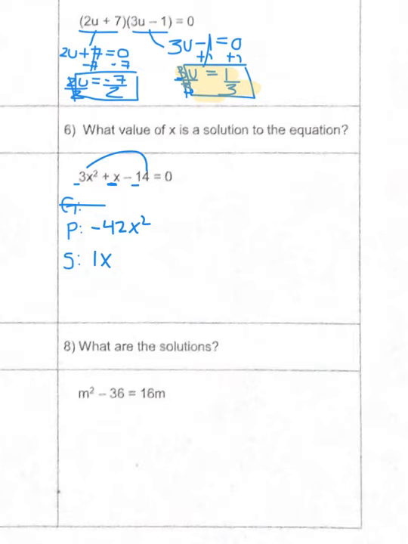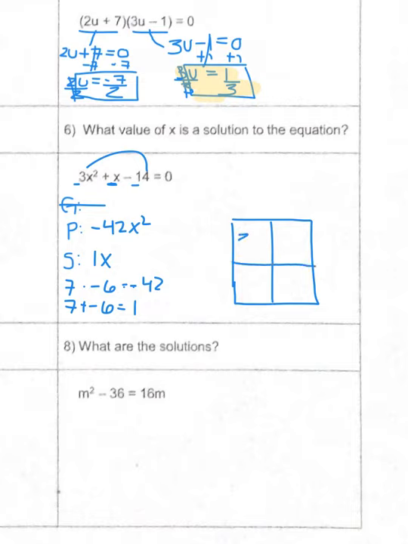So if we're thinking about the factors of 42, and we want our factors to be 1 away from each other because our sum is going to be 1, the bigger number is going to be positive, so let's use positive 7 and negative 6. So 7 times negative 6, that gives us negative 42, and then 7 plus negative 6, that gives us positive 1. That'll work.